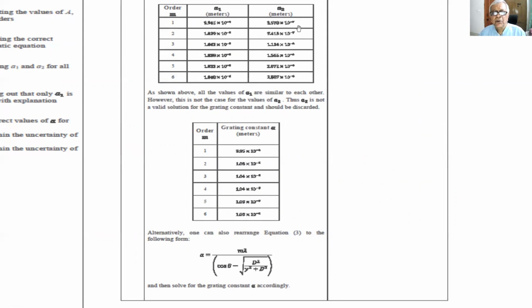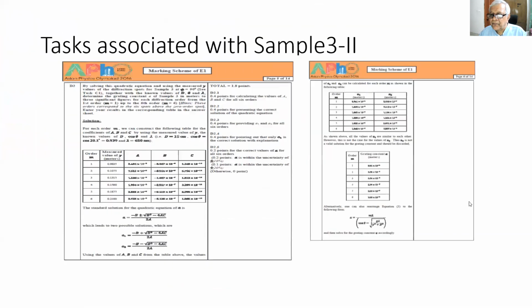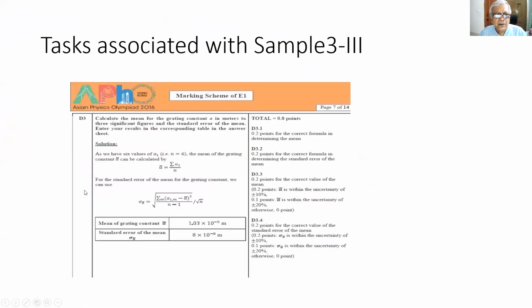Therefore, for A2, it is given that the grating constant is a constant. I mean, they are uniform spacing, so we do not take the A2 values and calculate from there. And then calculate the mean for the grating constant A in meters to 3 significant figures.